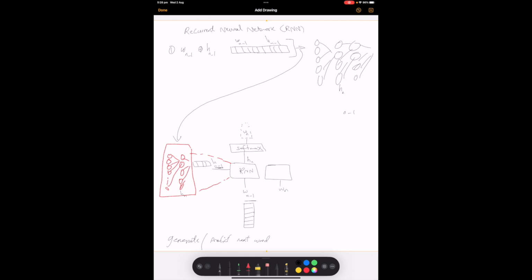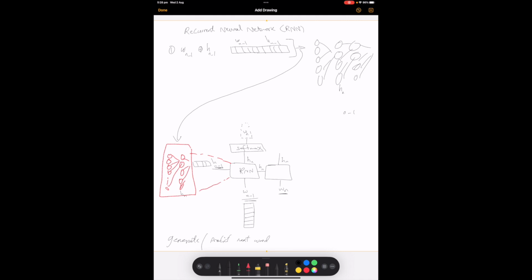We will take this W_n and do the same process as we did with W_{n-1}, but in this case we take the current word, W_n, which was predicted in the previous step, together with H_n, and then we do the same process.